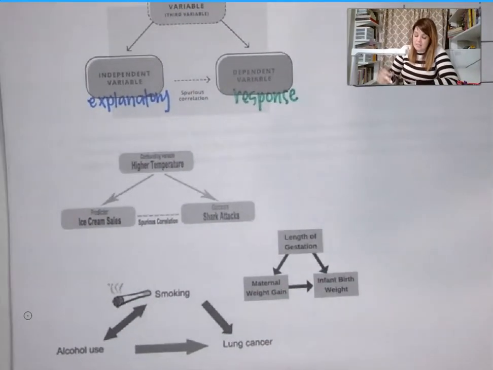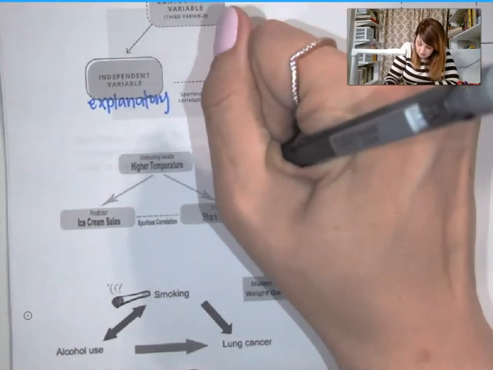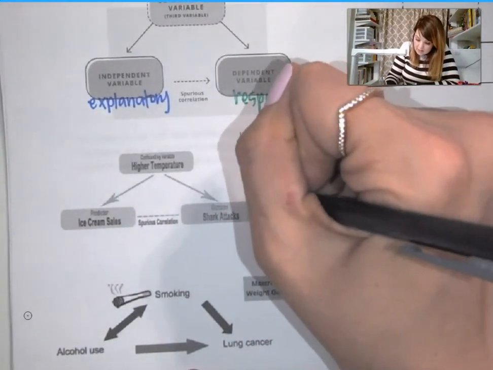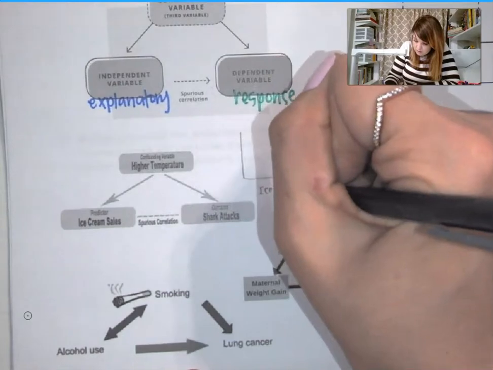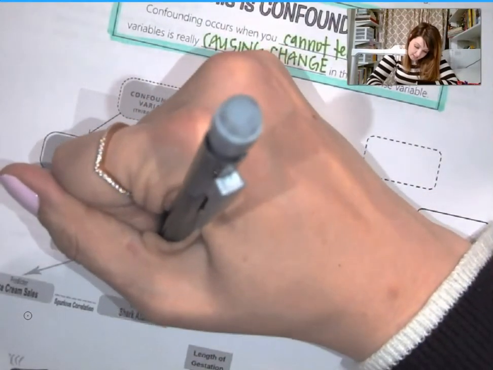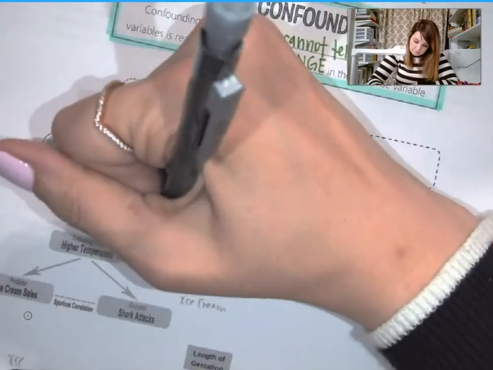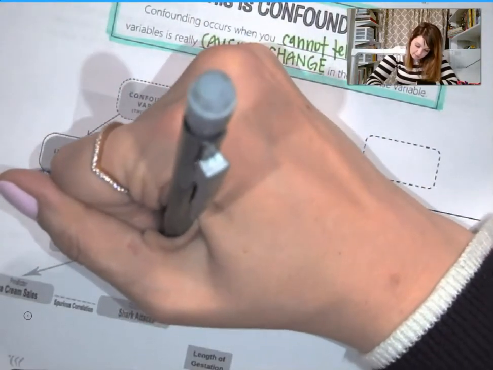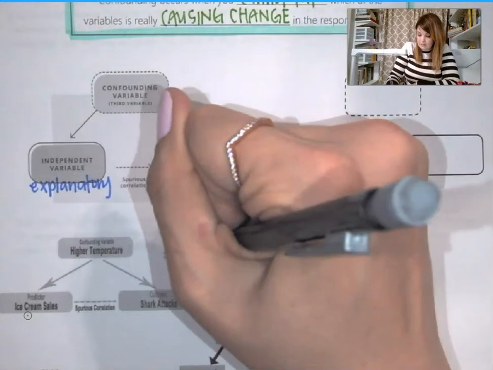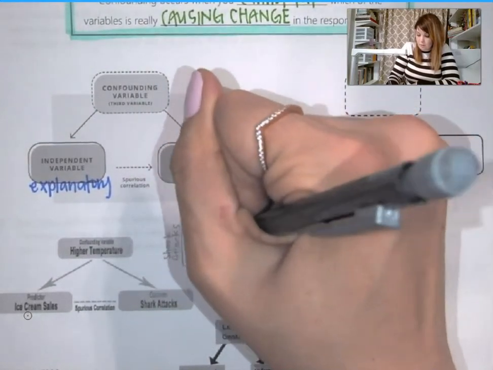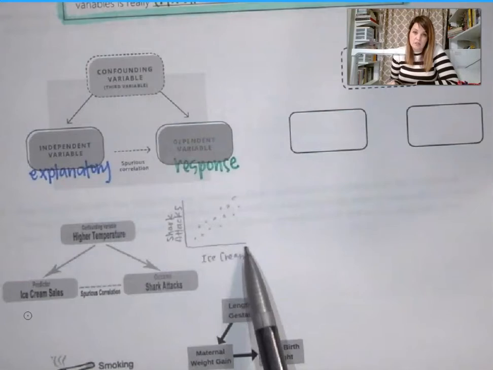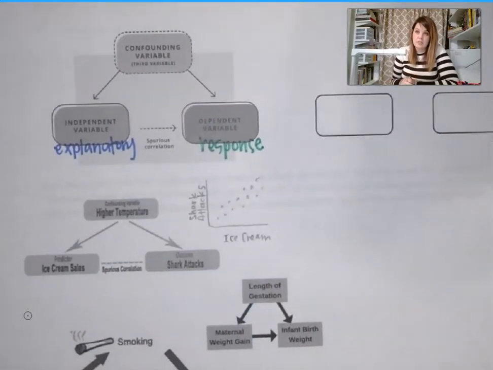So if you did a scatter plot, and I'll just draw a rough sketch, and we had ice cream on the X and shark attacks on the Y, you would see a scatter plot that showed a positive correlation. So as ice cream sales increase, shark attacks increase.